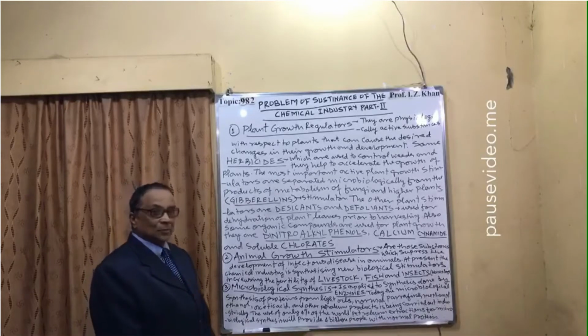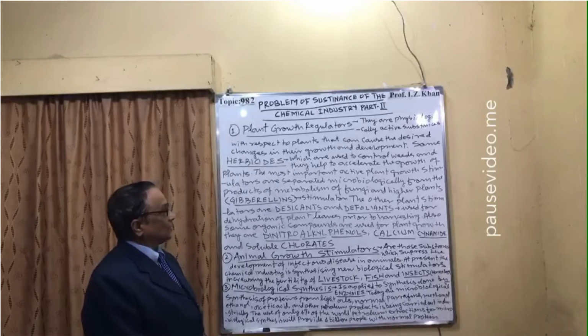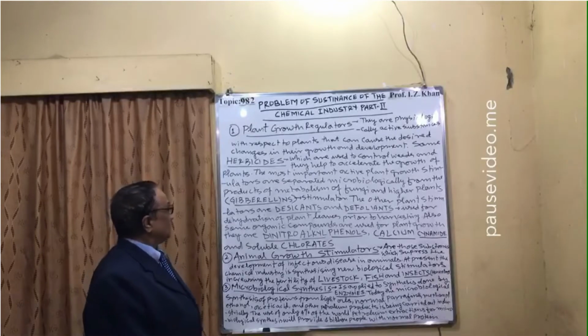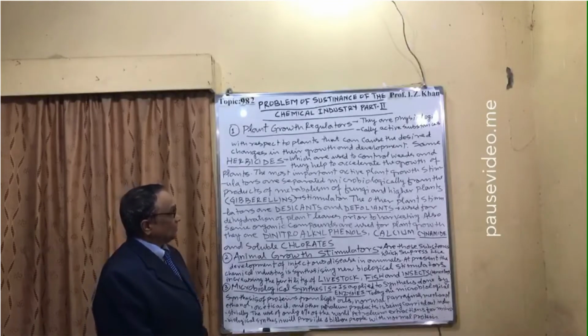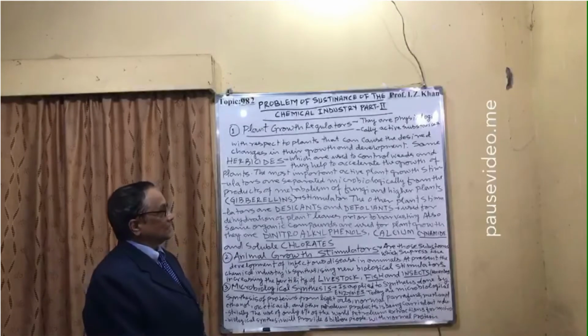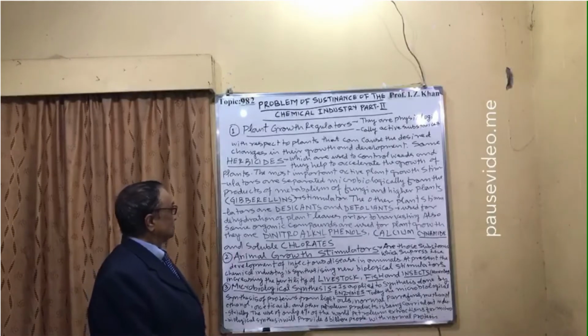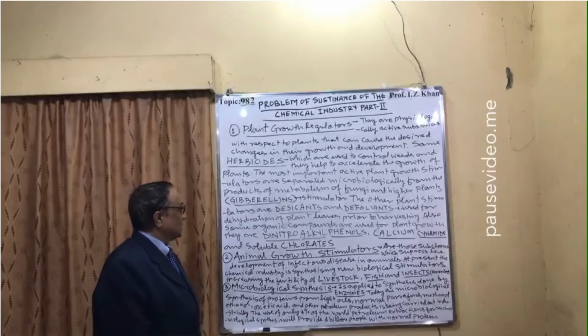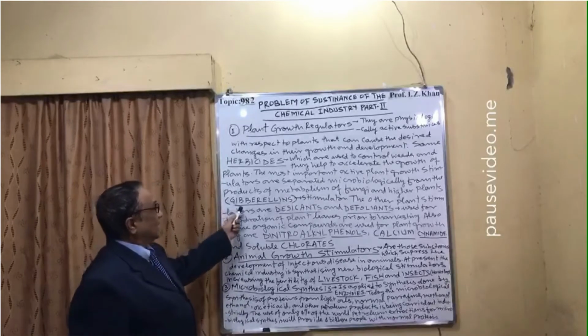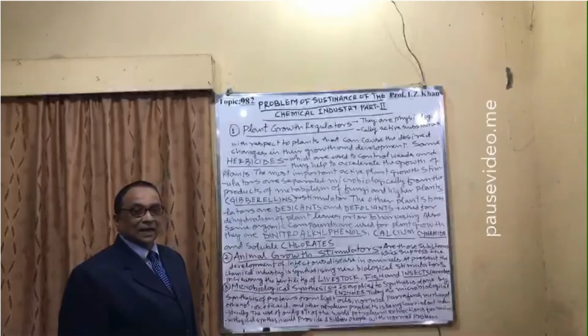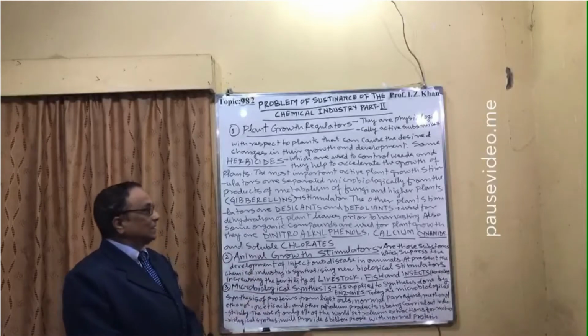The most important active plant growth stimulators are separated microbiologically from the products of metabolism of fungi and higher plants, and a very important stimulator is known as gibberellins, and from the gibberellins it is isolated.